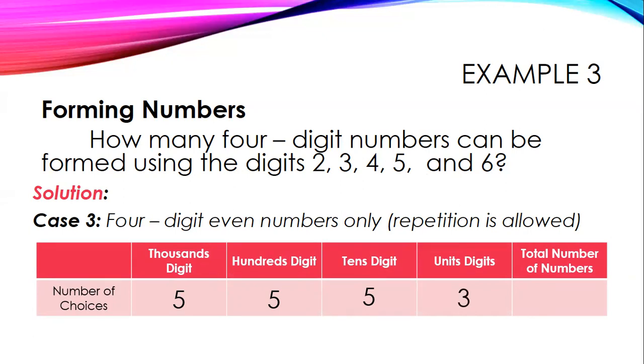Okay? So, to get the total number of numbers, we need to multiply. 5 times 5, 25. Times 5, 125. Times 3, we have 375. So total number of numbers is 375 if four-digit even numbers only, and repetition is allowed.